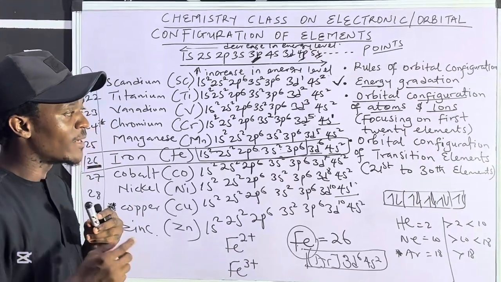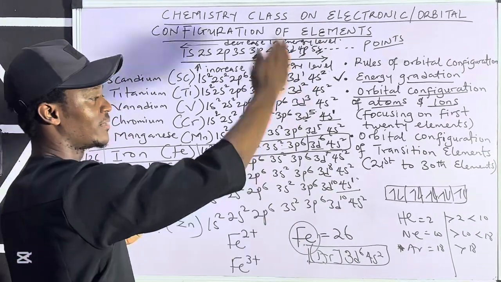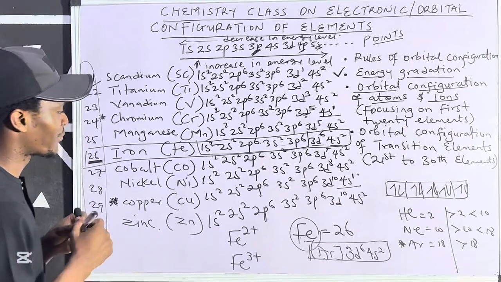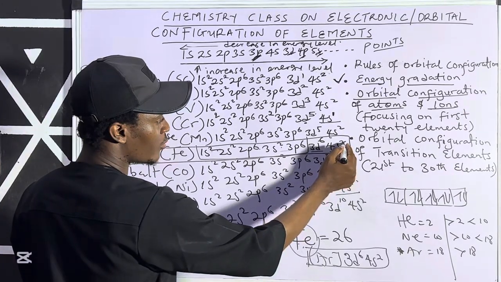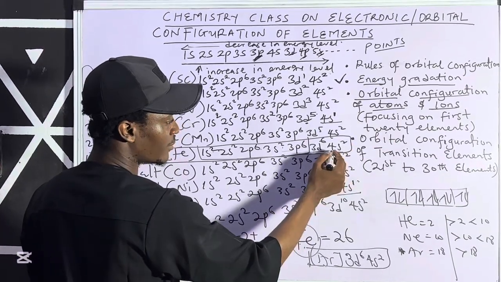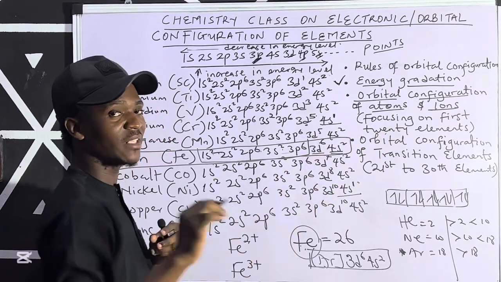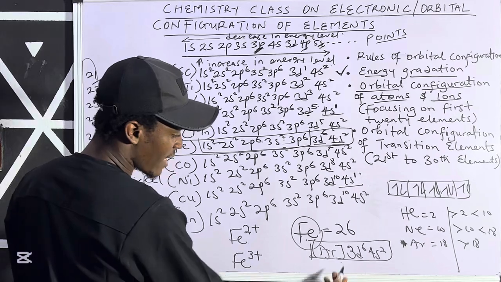So remember I said, when you are losing electrons, you first lose from the last orbital before moving to the inner one if there is need. So let's see. Iron is like this. So if it's 2 plus, it means these 2 will have to be lost from the 4s. So when you remove these 2, then 4s will not be having any electron anymore. Then you are now asked to give the condensed. From here, you can even get the condensed.